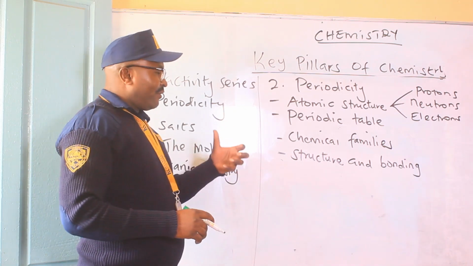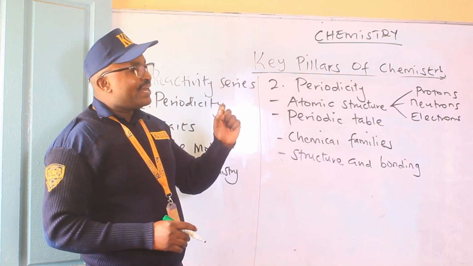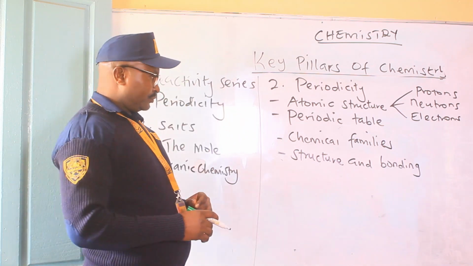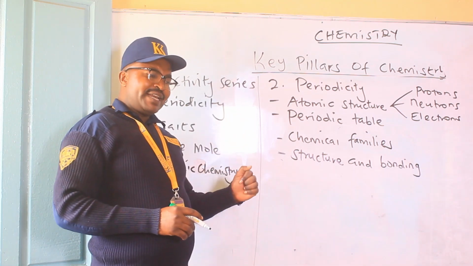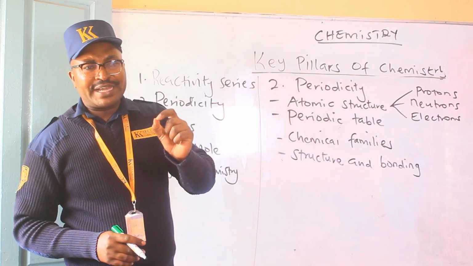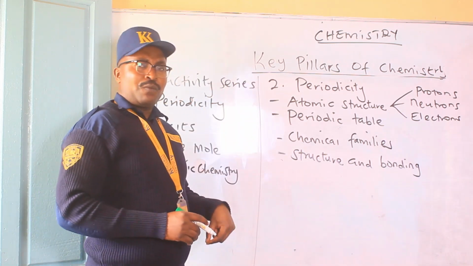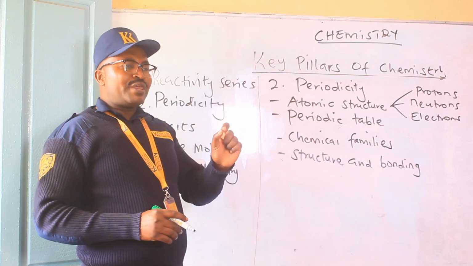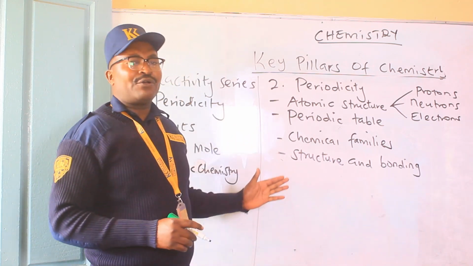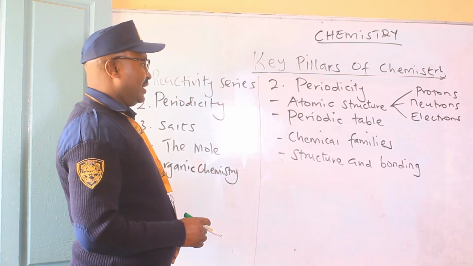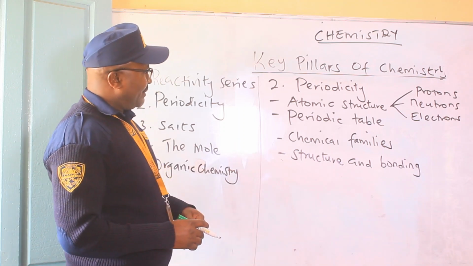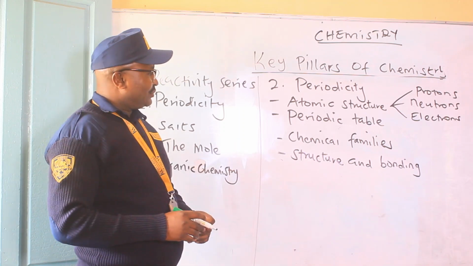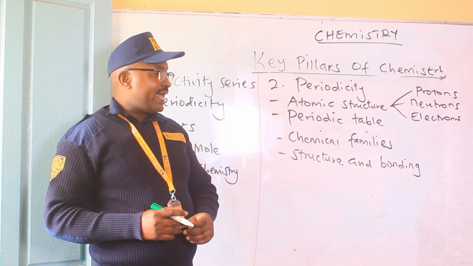Those are the chemical families we are talking about, and you should know the atomic radii and ionic radii down the group. How do they differ down the group and also across the period in regards to the chemical families? Then lastly but not the least, structure and bonding.